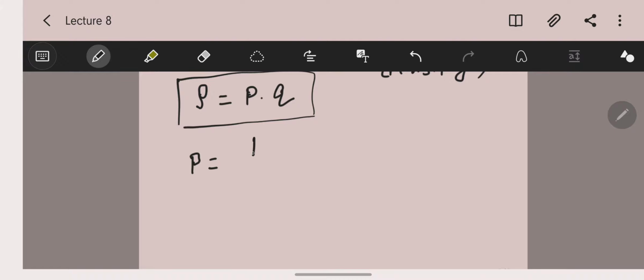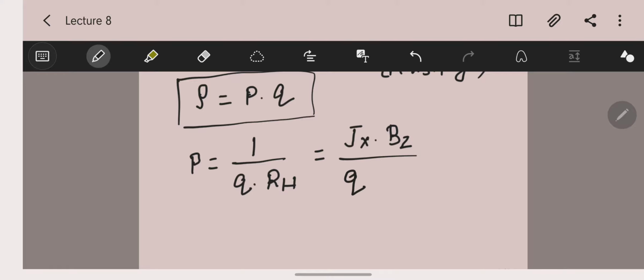This p can be written as 1 by Q into RH. Now this equation can further be modified using the above equations into Jx Bz divided by Q into Ey.